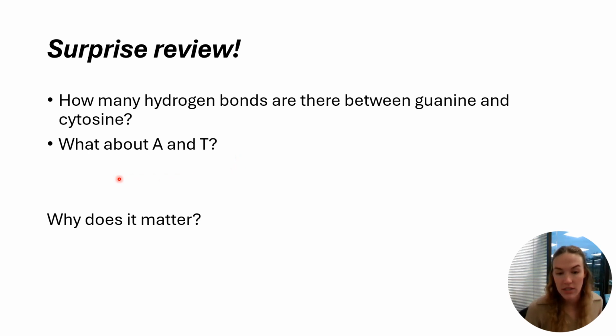When I have a DNA strand with way more guanine and cytosine, maybe like 64% GC, that means there are actually more hydrogen bonds in that DNA strand than in maybe a 50-50 split. Now, why does that matter? Hydrogen bonds, while weaker than covalent bonds, still take energy to separate.